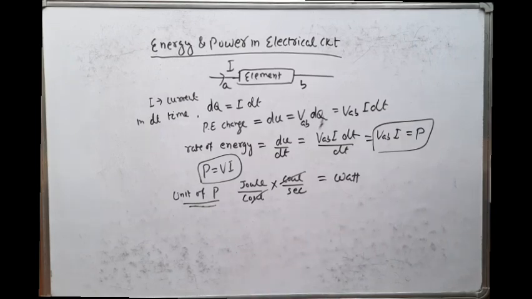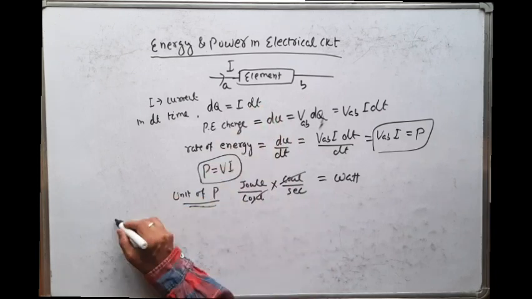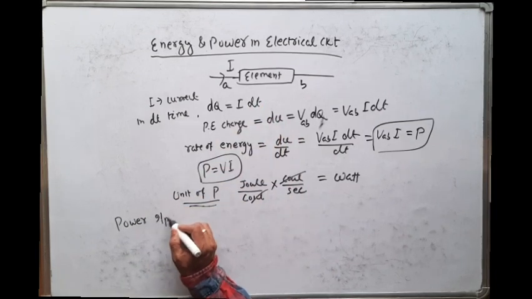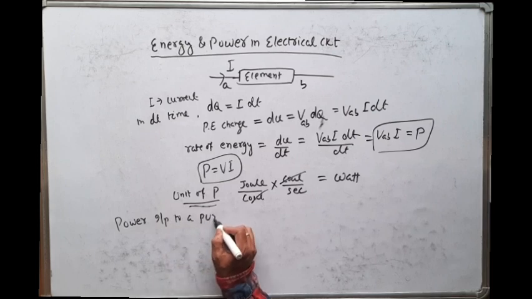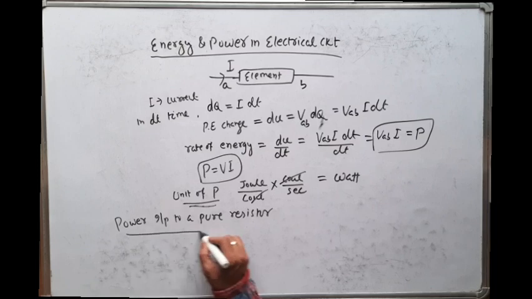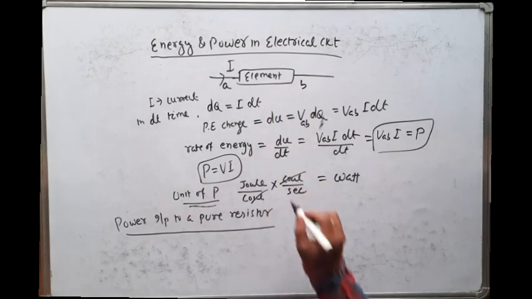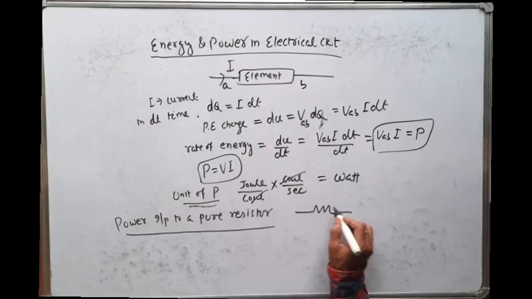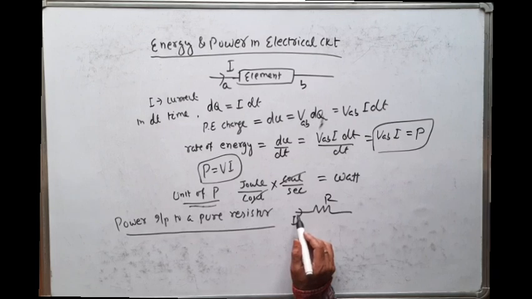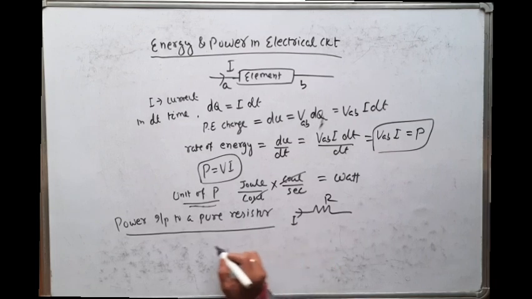Okay. So now we'll discuss the power input to a pure resistor. If this element is a resistor of resistance value R and current passing through it is I, then what is the electrical power delivered to the resistor?